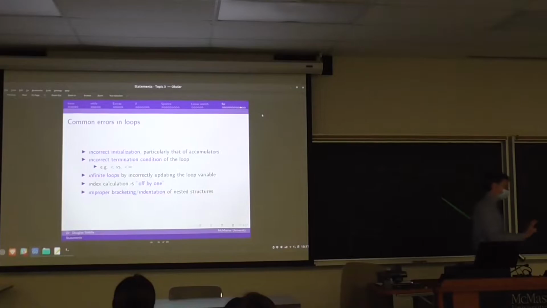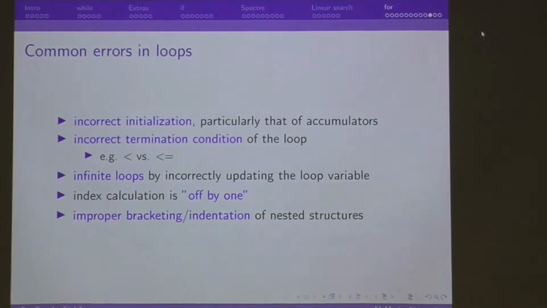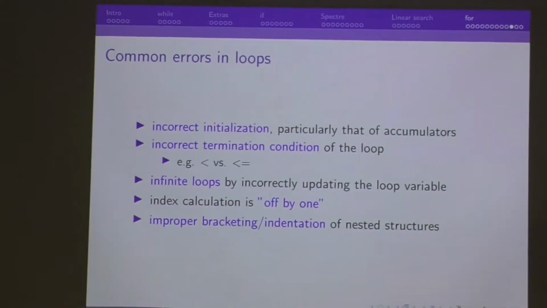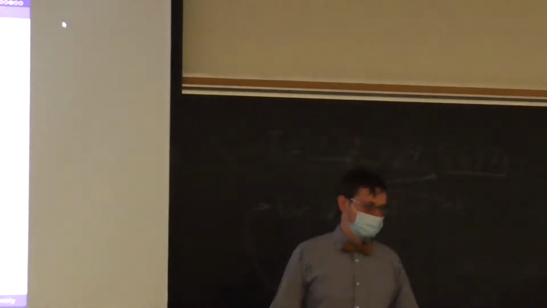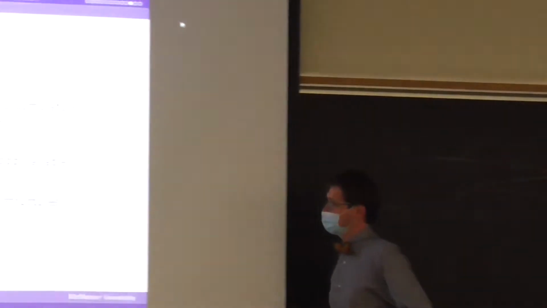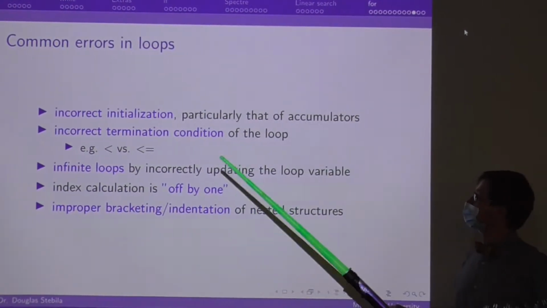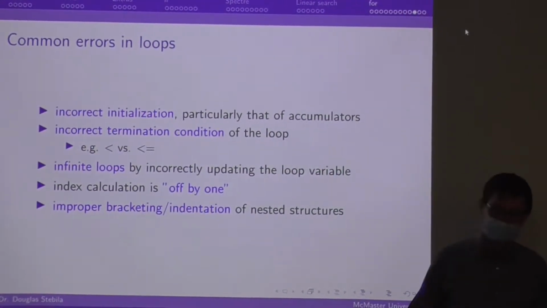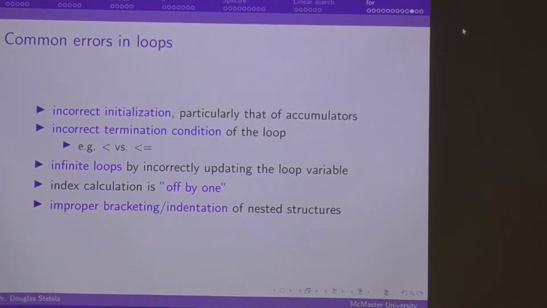So let's review a few common problems, a few common pitfalls that occur when people write loops. So, incorrect initialization, particularly that of accumulators. Think about our factorial problem.